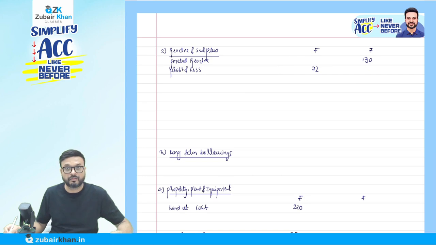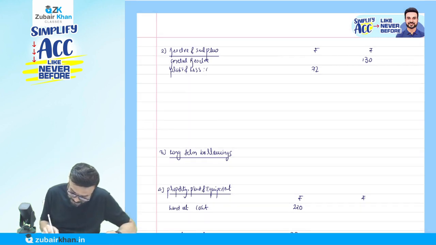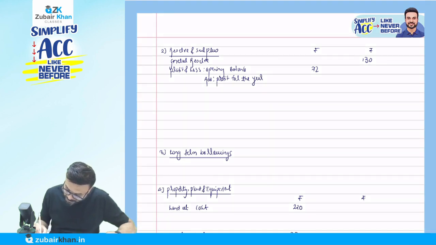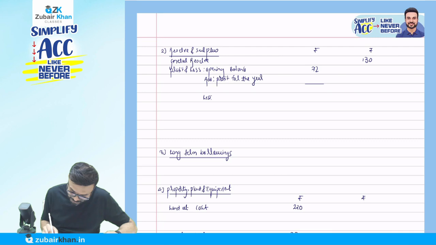Okay. Later on, when we find out the profit for the current year, this is basically the opening balance. Okay, opening balance. Then we'll find out the profit for the current year. Add profit for the year. Then we'll get the total. Then we'll deduct, less appropriation for interim dividend, or you can say interim dividend paid.